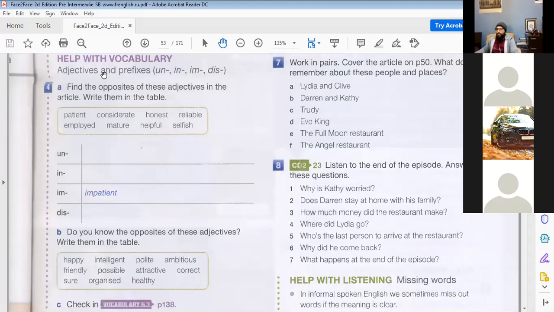So here we want to talk about prefixes. First of all, let me ask, who can remind me, what does prefix mean? Some letters added before another word, taking the opposite of it, maybe.